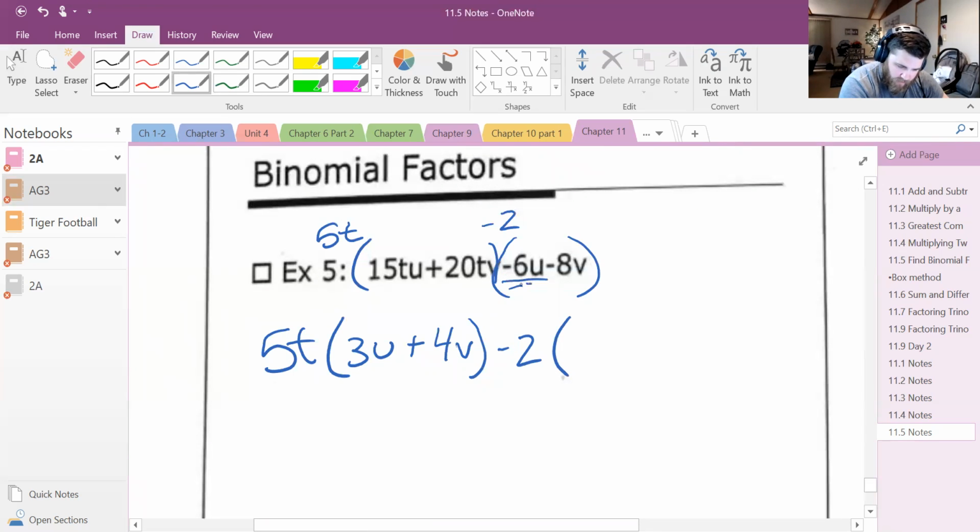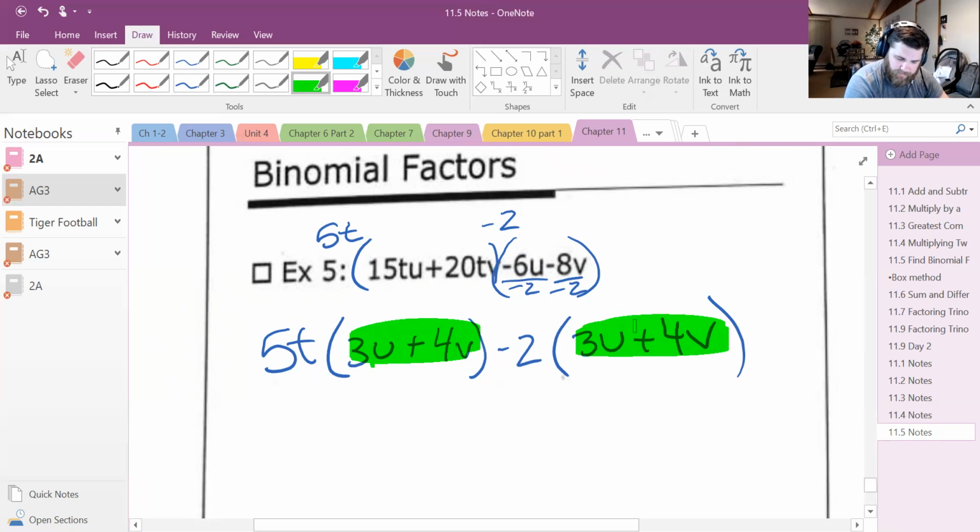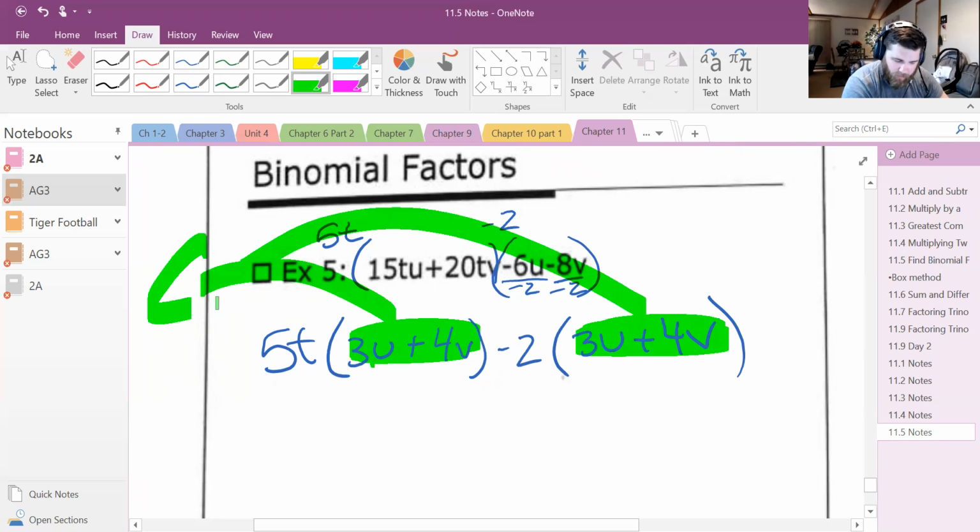So divide both these by negative 2. Two negatives make a positive. So we have 3u, we're good, plus 4v. Awesome. We did exactly what we wanted to do. So no rearranging, which means it won't be on the test.